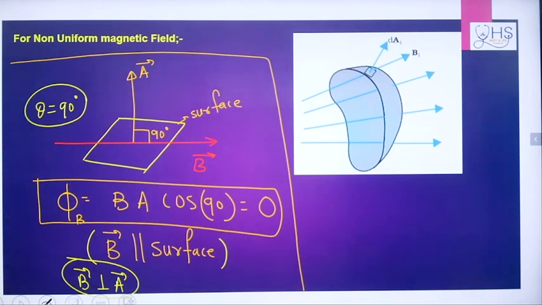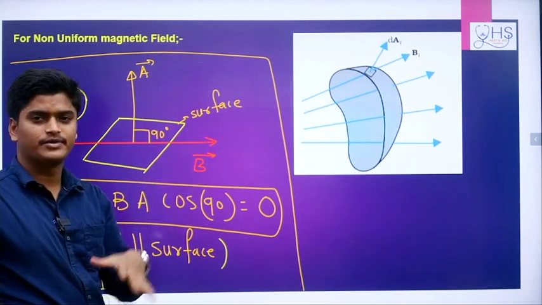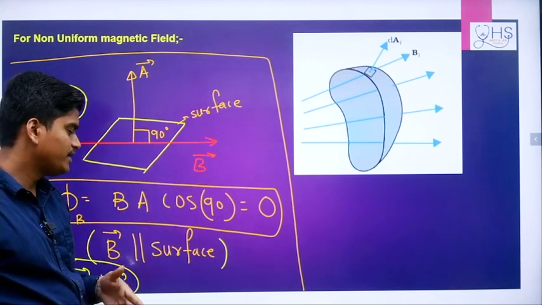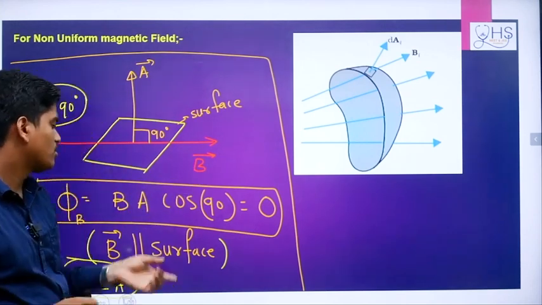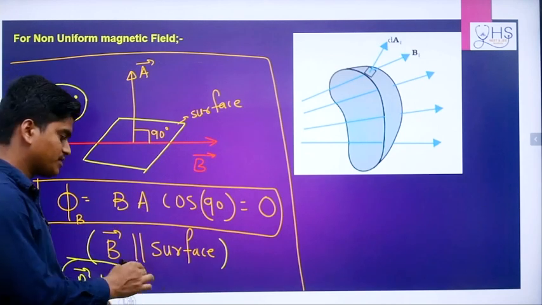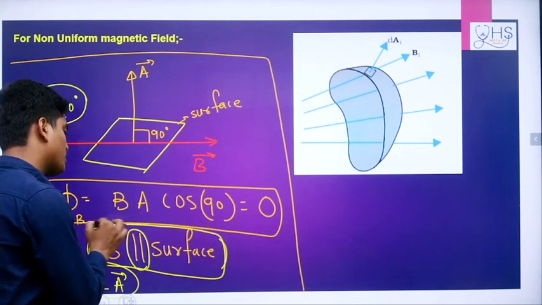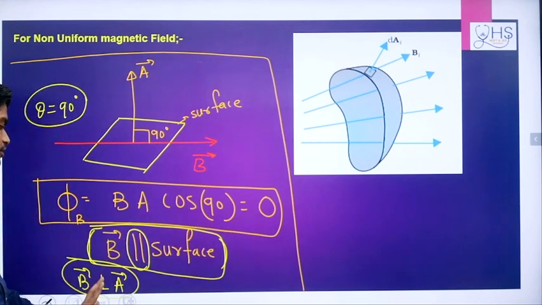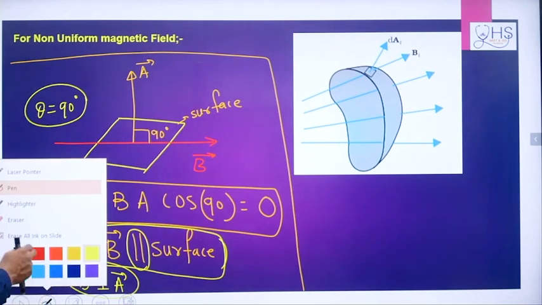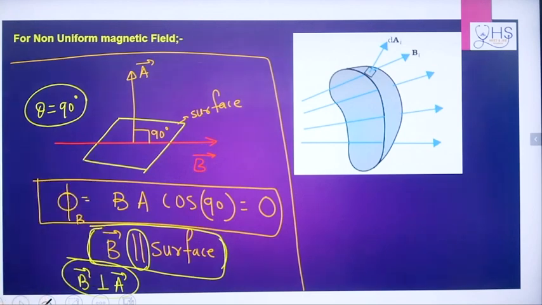Many times they will ask how your surface and magnetic field are placed. If the magnetic field lies on the surface or is parallel to the surface, then B and A angle will be 90 degree and flux will become 0. Please note it down.